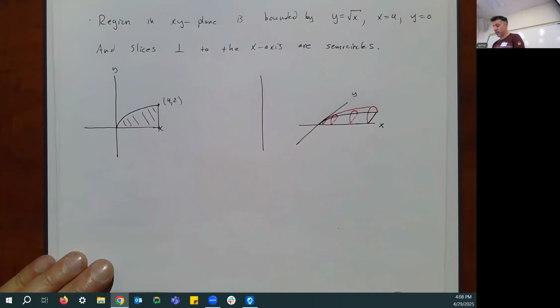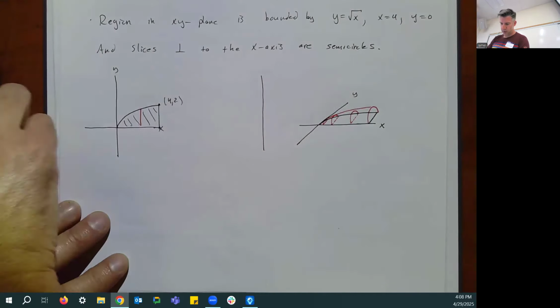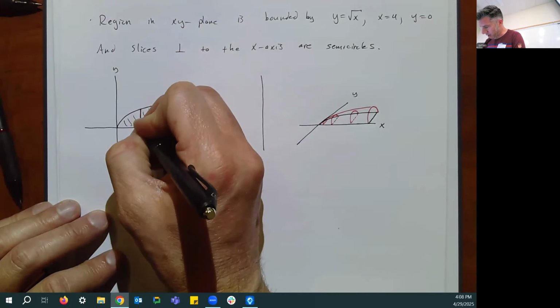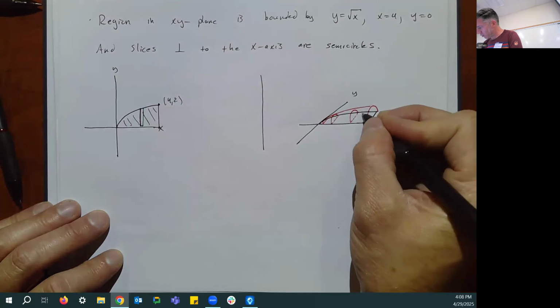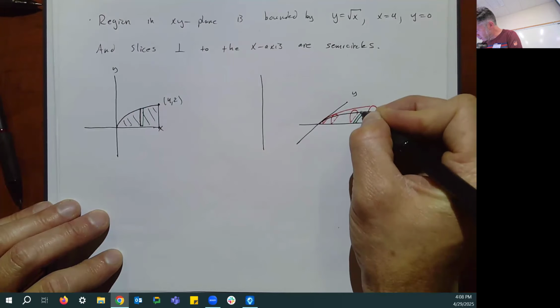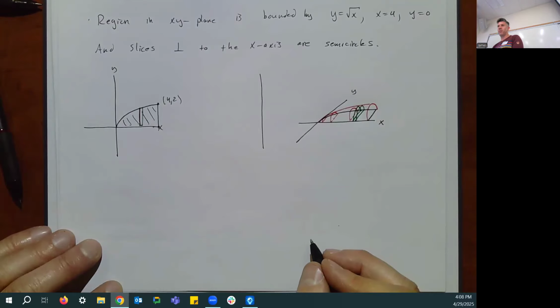So again, I'm going to take a little strip here. Let's use green instead of red. A little strip here that's going to correspond to a slab here. A semicircular slab.